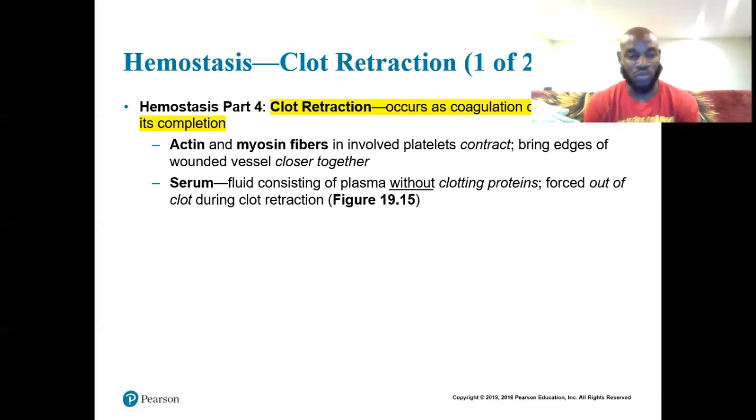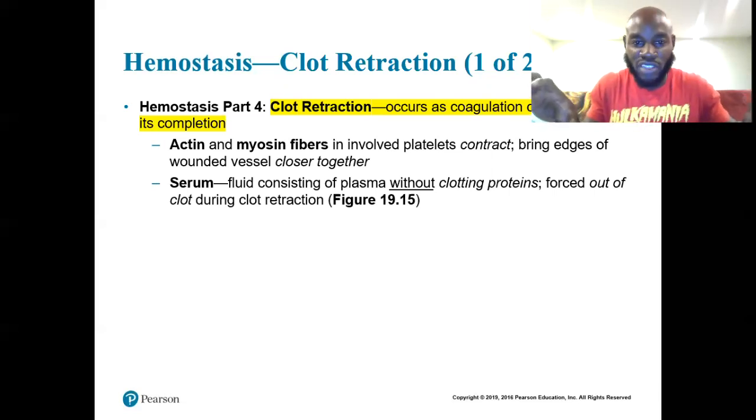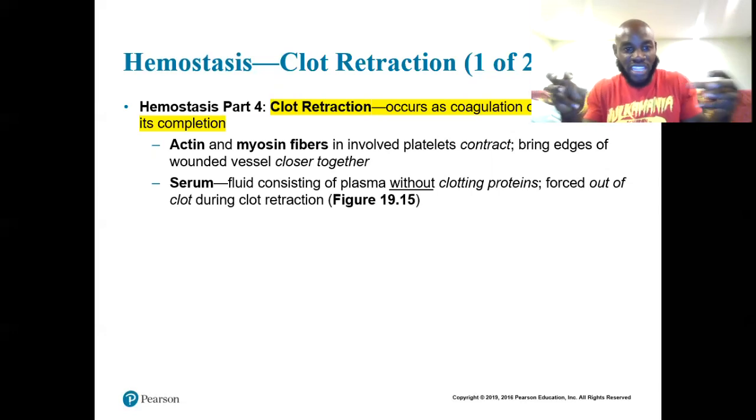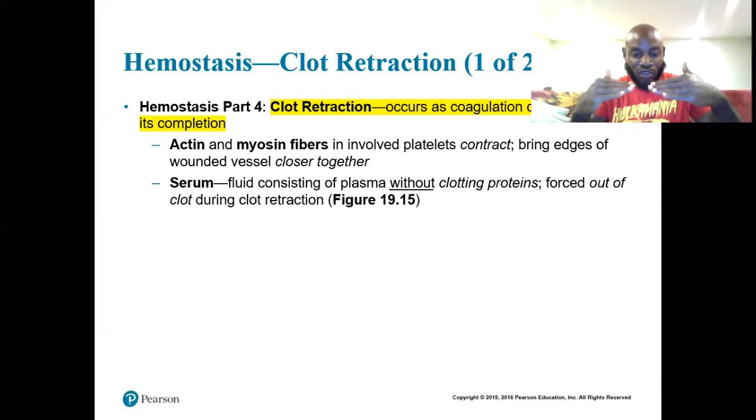So there's still platelets involved, but now the actin and myosin fibers in the platelets contract and bring the edges of the wounded vessel together. Why do we want to do that? Because we want to get ultimately back to where it used to be.